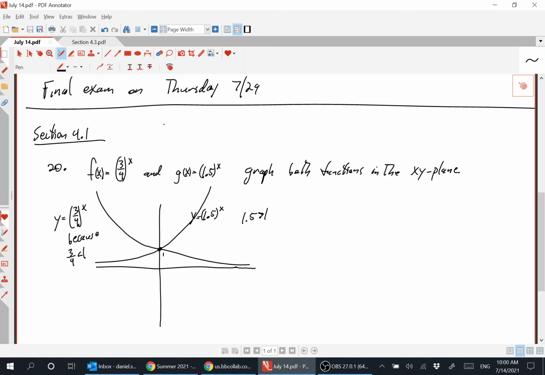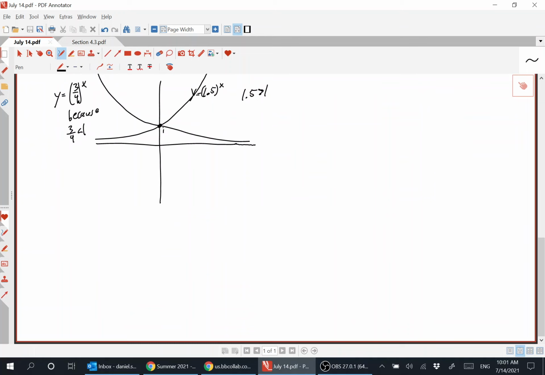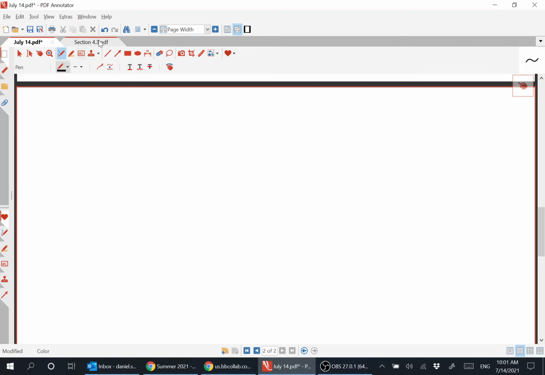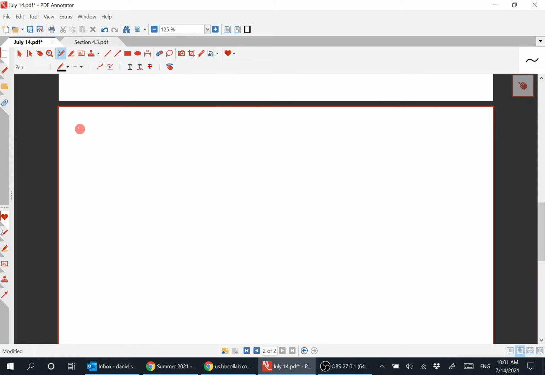All right, so armed with that example, let's look at some graphing problems, number 31. Graph f(x) equals 10 to the x plus 3.